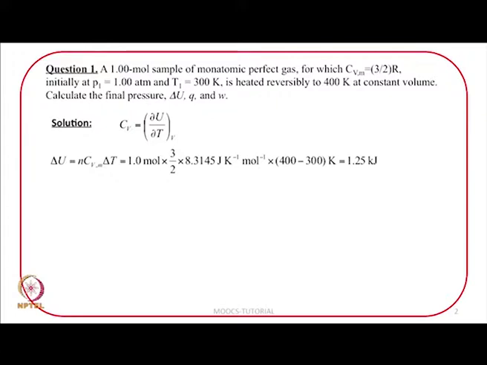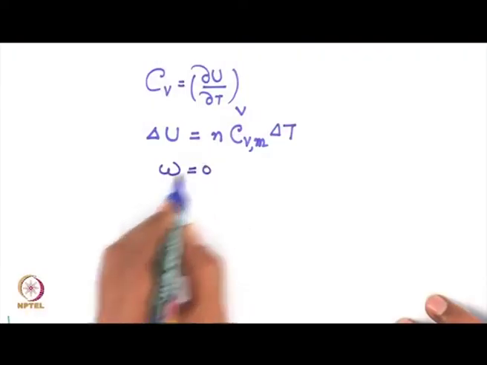Second, also note that the heating is done at constant volume. So, for any constant volume process connected with the PV changes of a gas, if the volume is held constant, there is no work done. So, straight away we can set W is equal to 0.